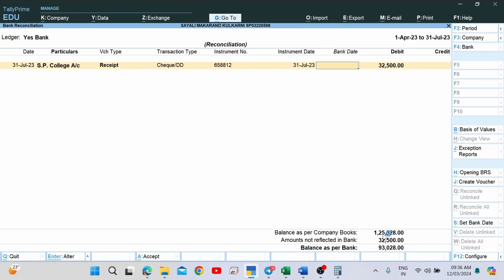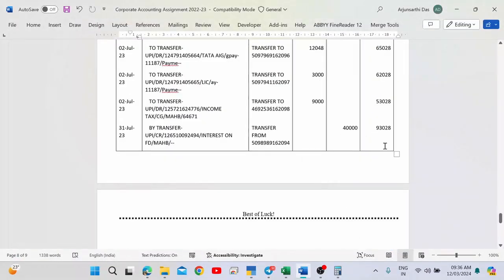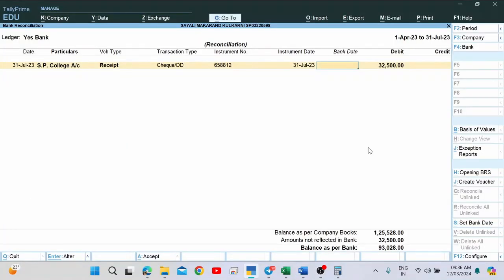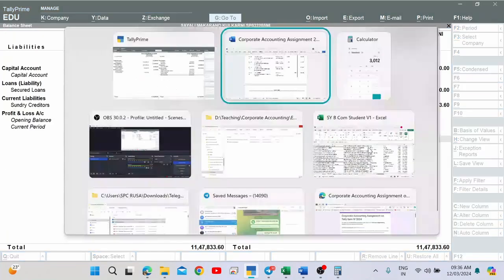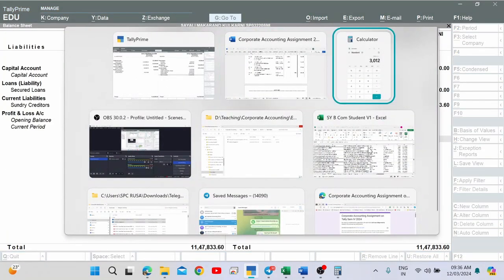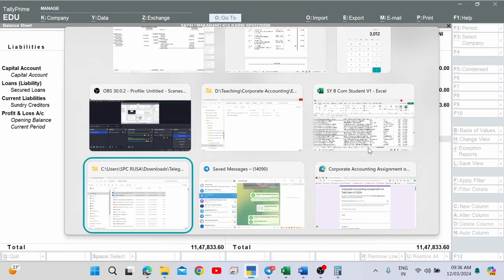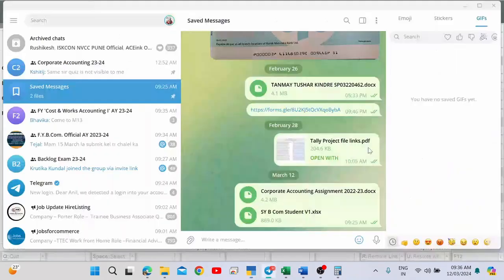If the balance as per the bank after reconciliation is matching with the bank, then you are correct. Understood? This is what I wanted to show you. And then finally, how to upload the project on Google Form.